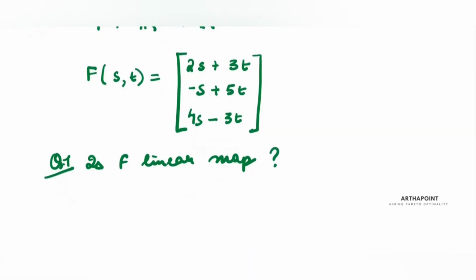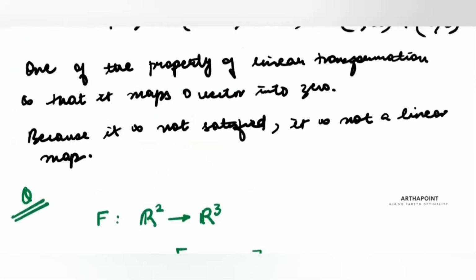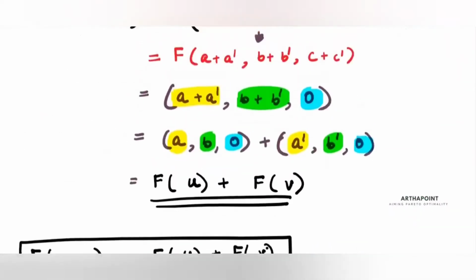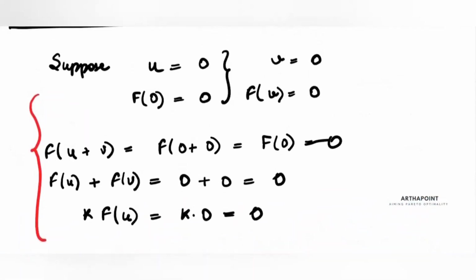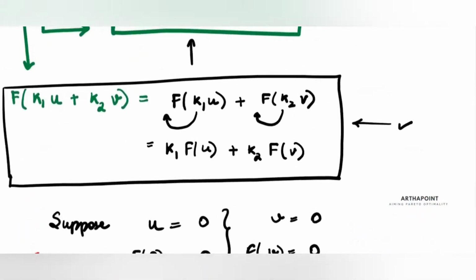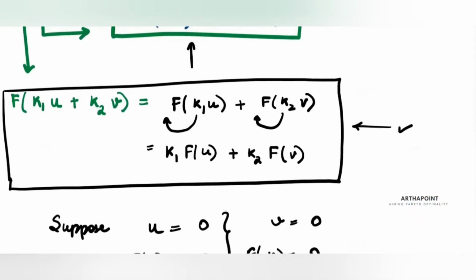Now, I'm doing all types of properties here, okay? I'm going to use the third property here. What is the third? What is one of the things that I showed you? That if I have to prove that something is a linear map, I just want to go ahead and write it in this form: some scalar multiplied with the function plus some other scalar multiplied with the function.